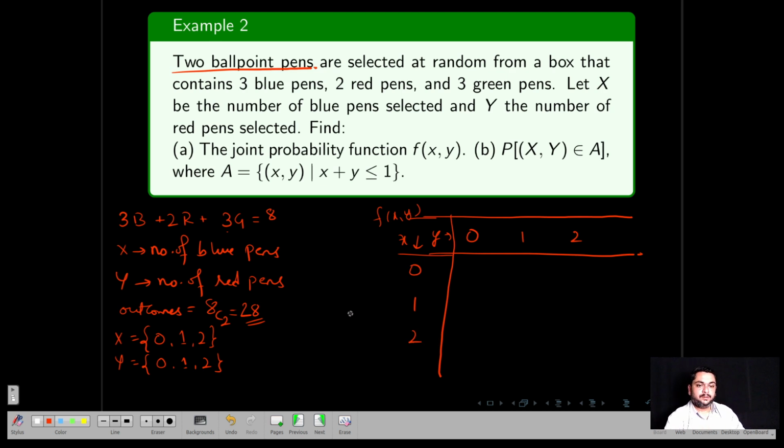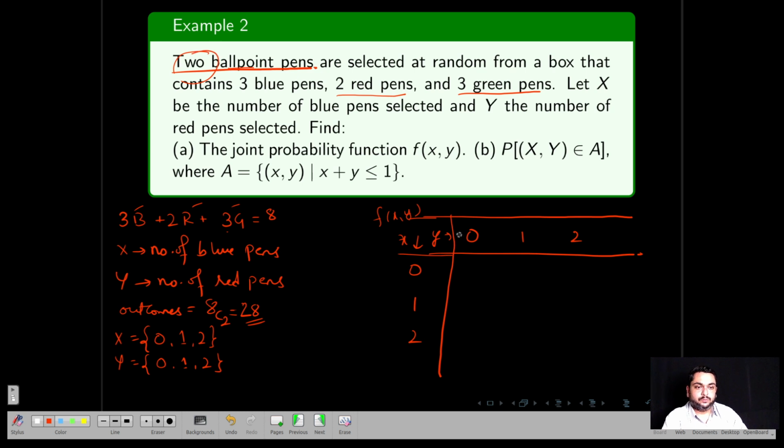Now, instead of finding all those, first find those which are invalid. You can directly write it as 0. But be careful here. There are 3 green pens also. So you are choosing from all these 3. So 0, 0, is it possible? Because see, what is that total? I have to get 2 ballpoint pens here.